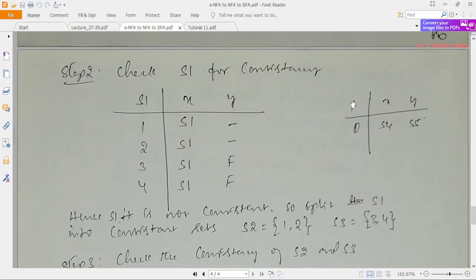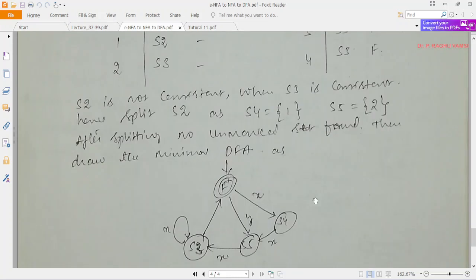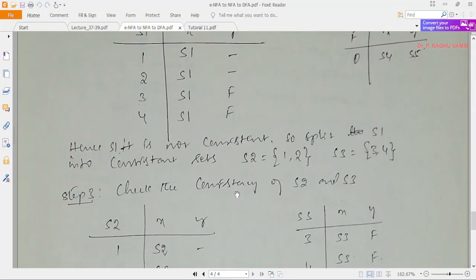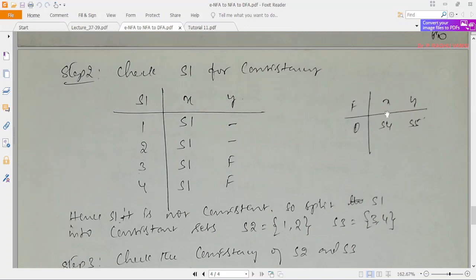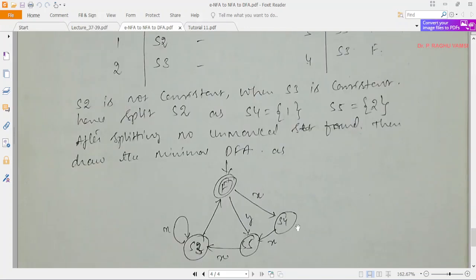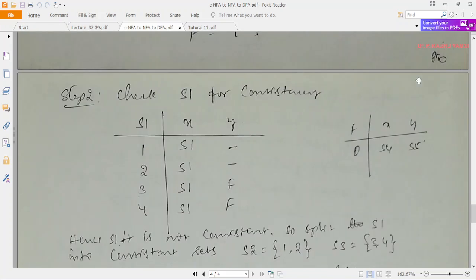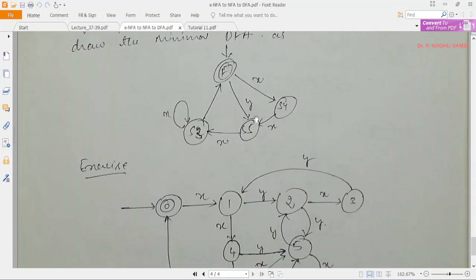The final state is F. Upon F, if you provide the input X, it results into S4. Upon F, if you provide input Y, it results into S5.